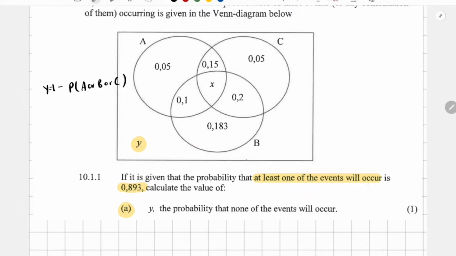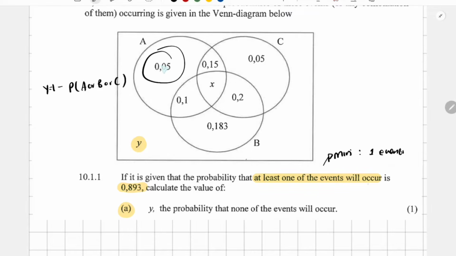So if we look at these circles, let's see which ones would be included in this. At least one event will occur, meaning the minimum amount of events that must occur is really just 1. So as long as it has one event or more, then we're going to take it.